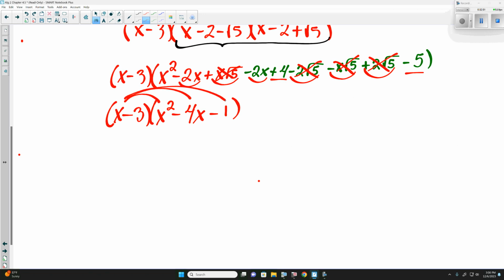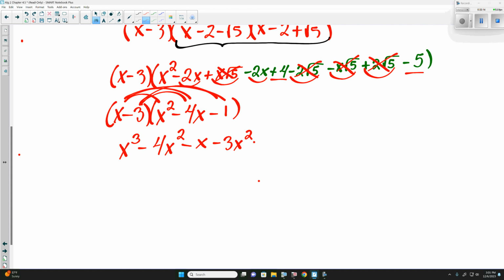Distributing, x times x squared is x cubed. x times negative 4x is negative 4x squared. And x times negative 1 is negative x. We'll do the same thing with negative 3. Negative 3 times x squared is negative 3x squared.